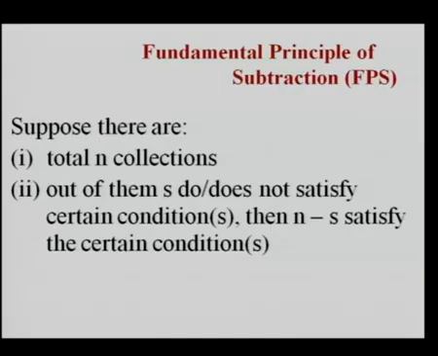Let us take one simple example. There are 26 letters in the English alphabet, and we want to count how many vowels there are. This can also be done another way. We can count the number of consonants. There are 21 consonants, and we subtract from the total number of letters: 26 minus 21, we get 5.